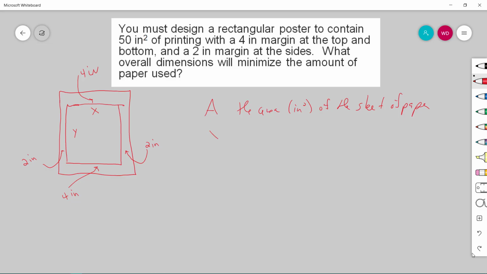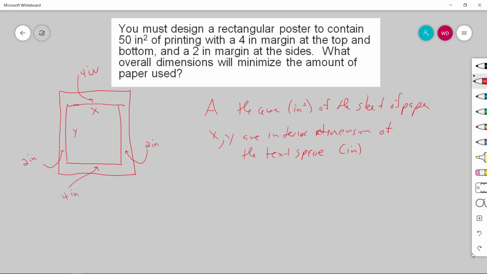So x and y are the interior dimensions of the text space, and that's also in inches.